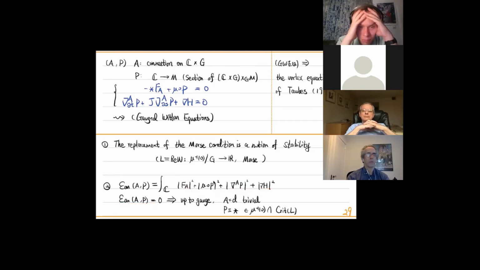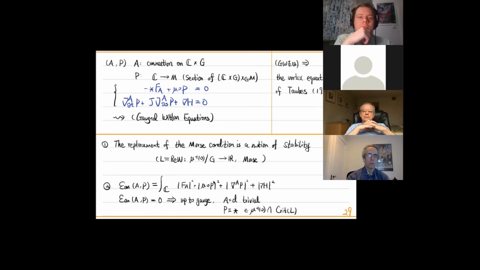Then first of all, the connection is flat. So up to gauge, this connection is trivial. Also, this smooth map P is constant with image lying in the fiber of the moment map and the critical locus of L. So there is a very concrete geometric meaning for zero energy solutions.